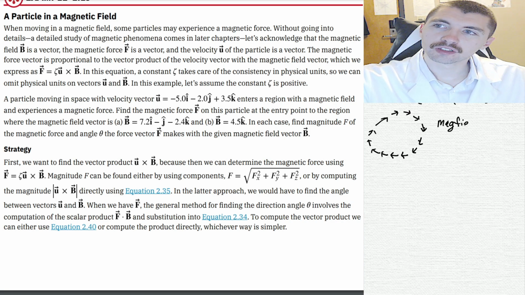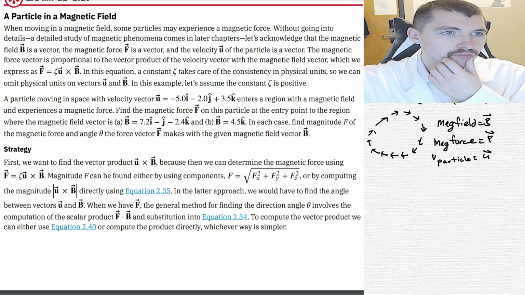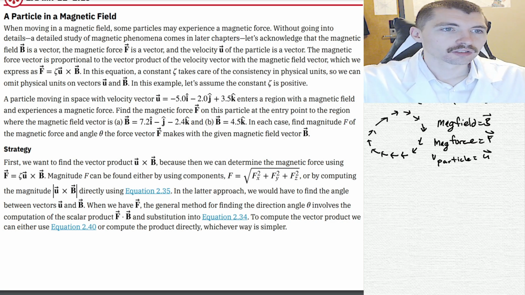Mag field. Mag force equals F. B particle magnetic force.